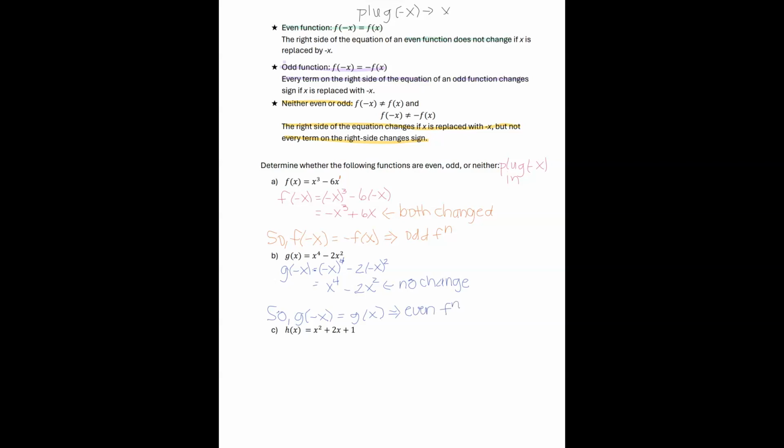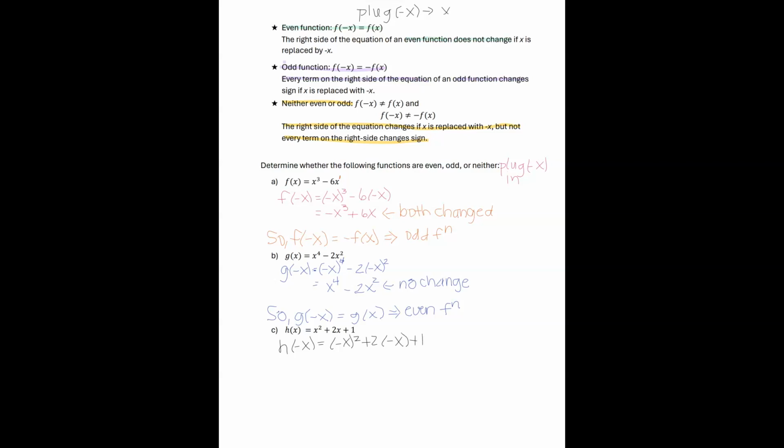Now the last one. Black's good. So H of negative x is going to equal negative x squared plus 2 times negative x plus 1.